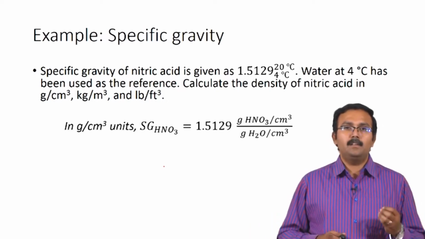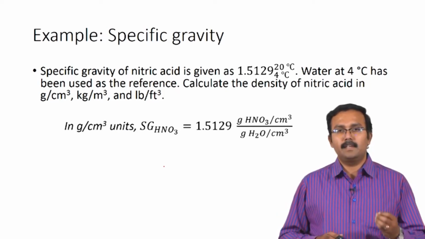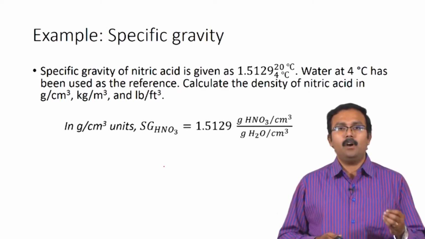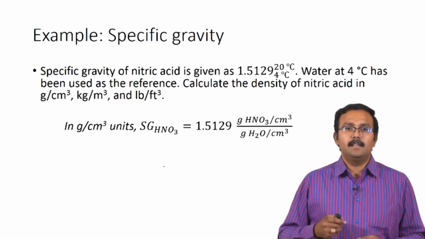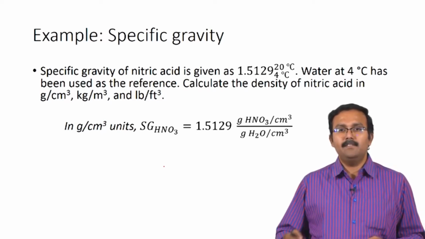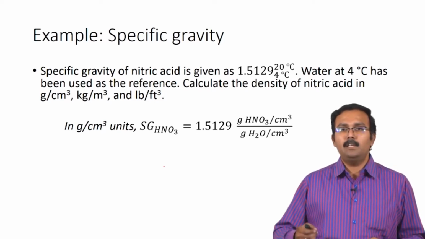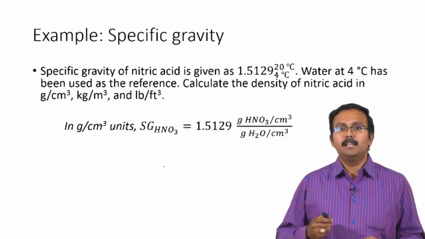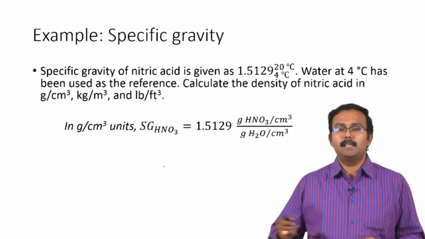So, if we were to find the density in terms of grams per centimeter cube, then we should use appropriate units for the specific gravity of nitric acid. In grams per centimeter cube, the specific gravity of nitric acid would be given as 1.5129 grams of nitric acid per centimeter cube divided by grams of water per centimeter cube.